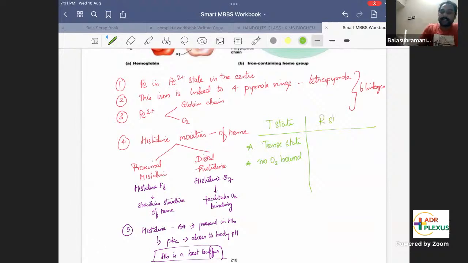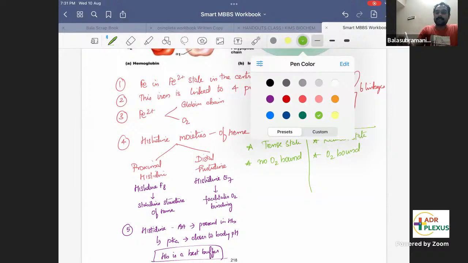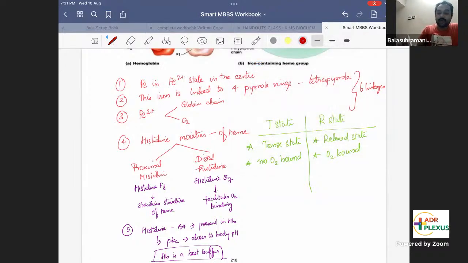Whereas the R state, or relaxed state, is where oxygen has bound.